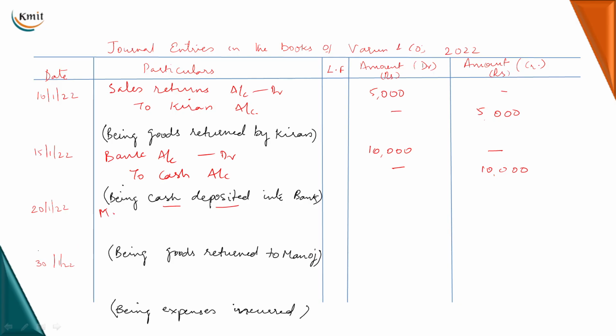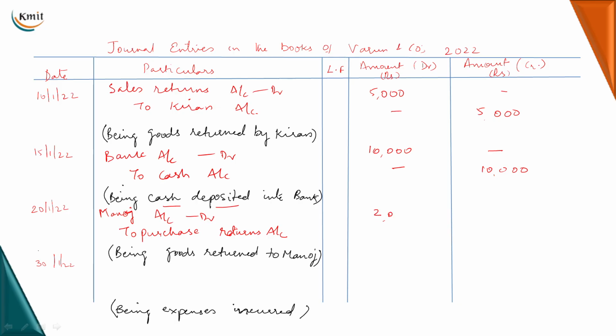The relevant journal entry will be Manoj account debtor to purchase returns account.